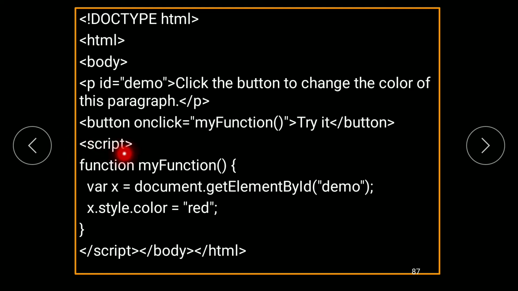So in that script tag, I am going to write the definition of the function. We already saw many examples on functions, so I think this is not new to you, and already one program was done with you, that is your JavaScript first program, right?